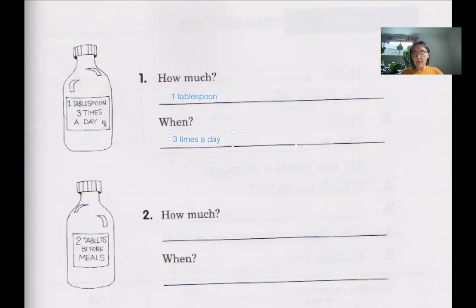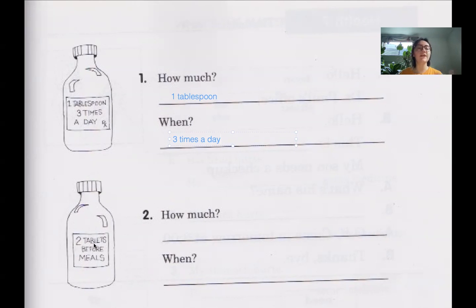So that would mean you take one usually at breakfast, 1 at lunch, 1 at dinner, right? You eat your breakfast, you take 1 tablespoon. You eat lunch, 1 tablespoon. You eat dinner, 1 tablespoon. So that's 3 times a day.